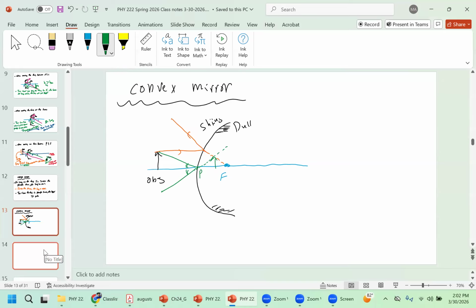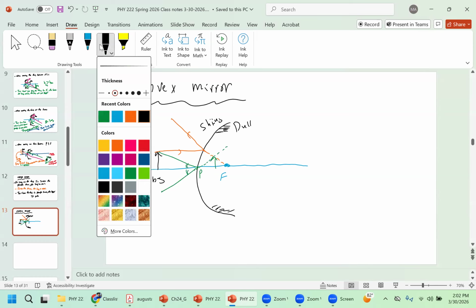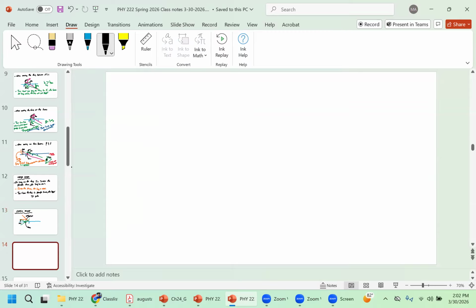Awesome, awesome. All right. So basically, for concave mirrors, your incident ray will go from the top of the object.